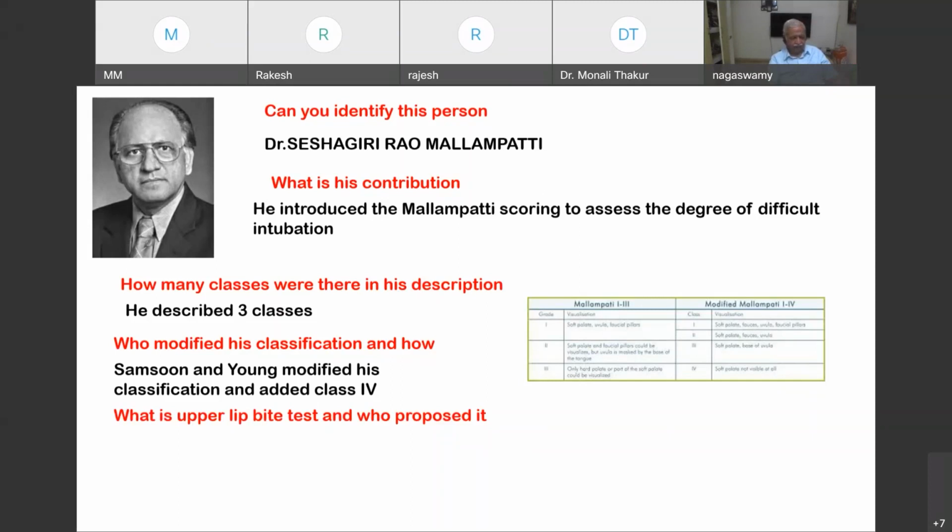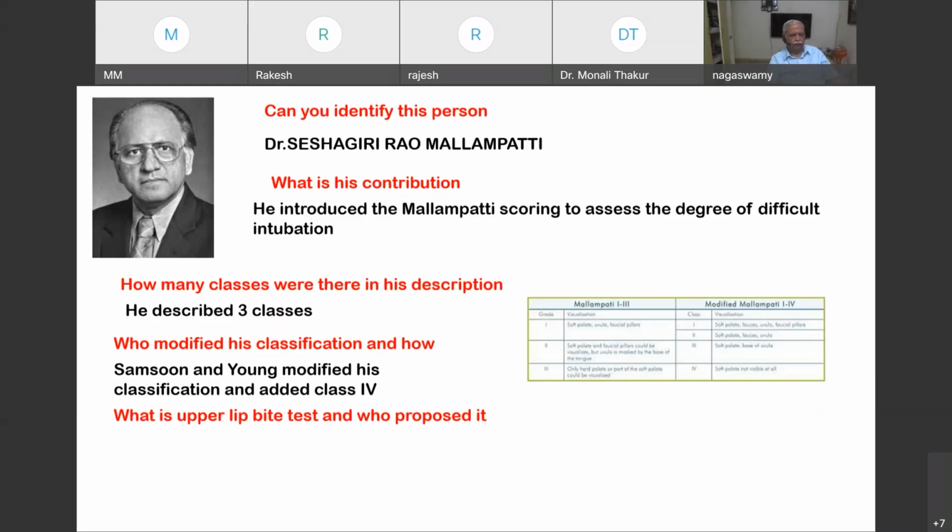It is classified according to that, whether it is above or below the margin of the lip. You don't call that a margin, you call it the vermilion line, a white line, white roll or vermilion line. So above the vermilion is grade 1, at vermilion is grade 2, below the vermilion is grade 3.